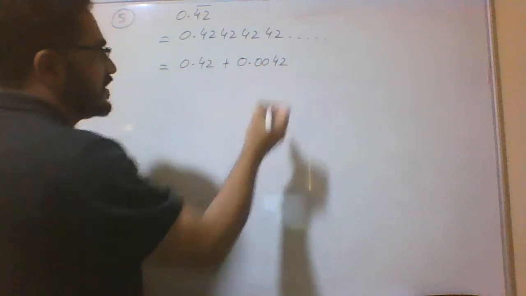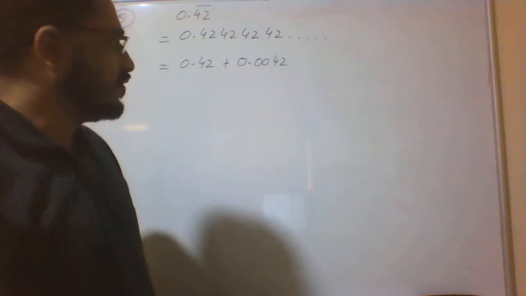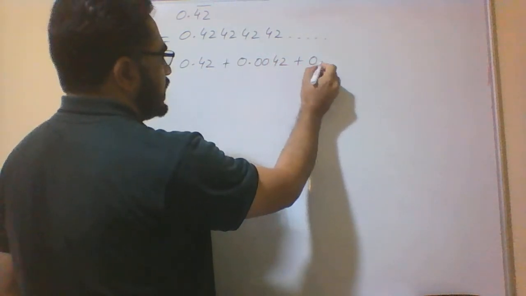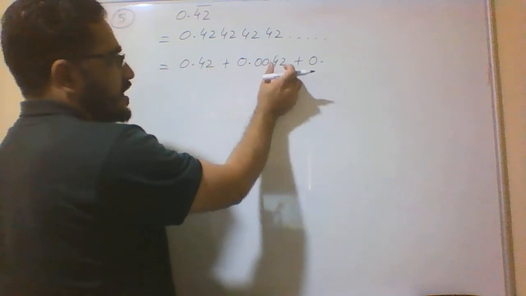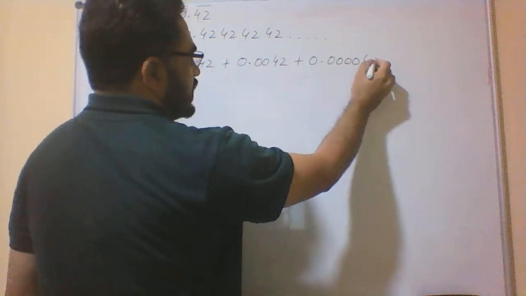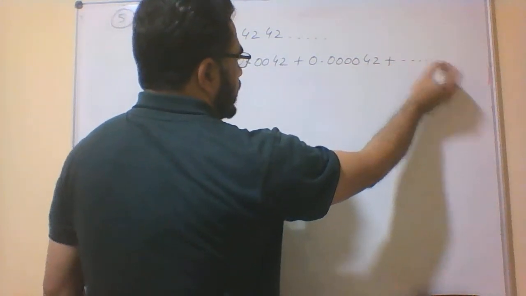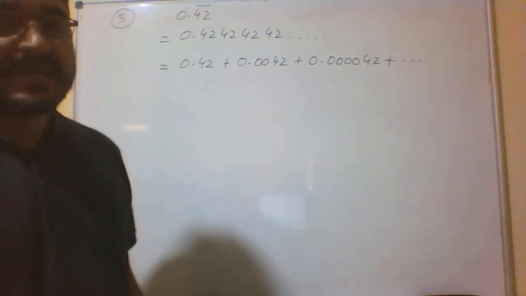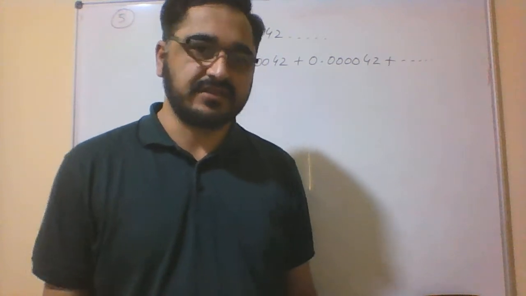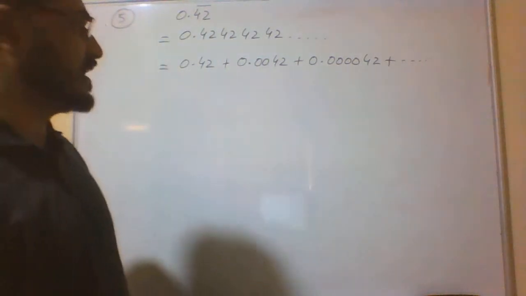For the next one will be 0.0042. For the next one, now two digits are here, two are here, here will be four zeros, then again 42, plus up to so on. In this way we can make a geometric sequence. This is the geometric series.